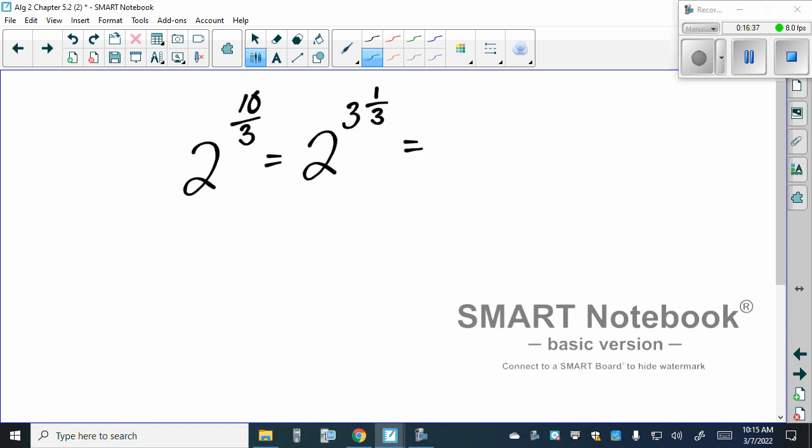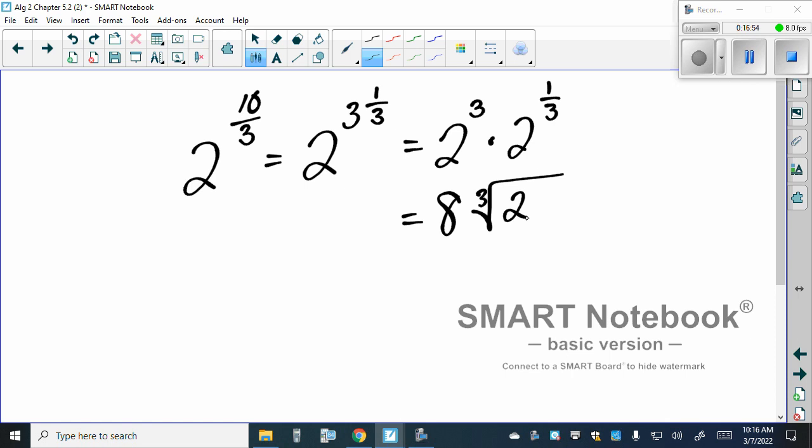So really we can say that this is 2 to the third times 2 to the 1/3, because it's telling us how many are left over. Well, as we just saw, 2 to the third is 8, and 2 to the 1/3 would be rewritten as the cubed root of 2, because if we have any left over, they're going to go back into the radical, because they don't come out.